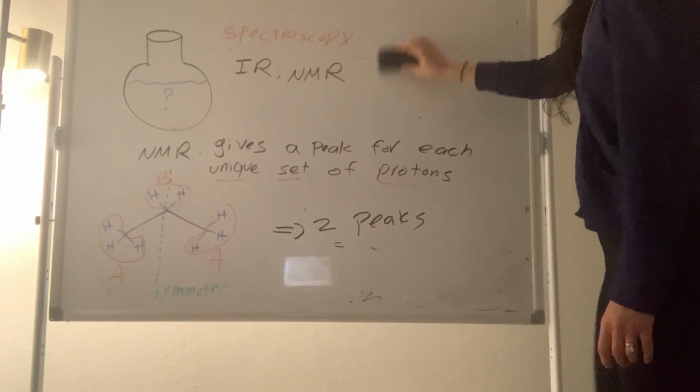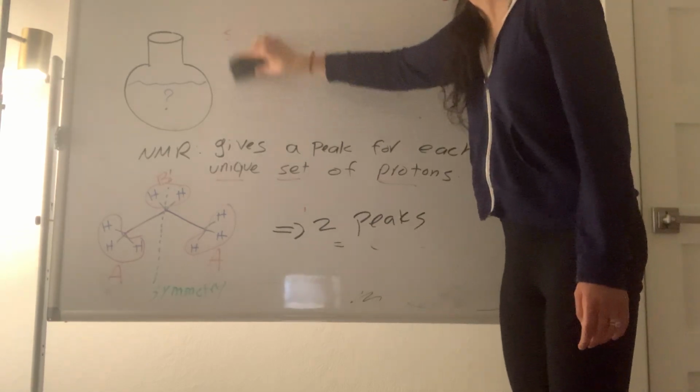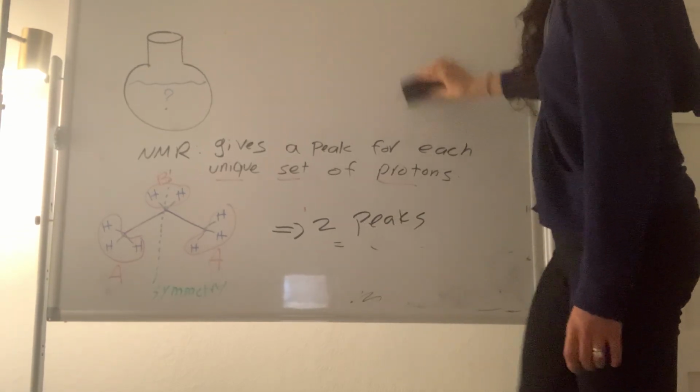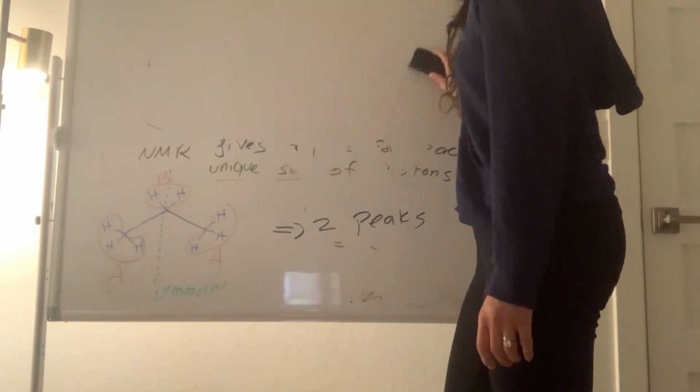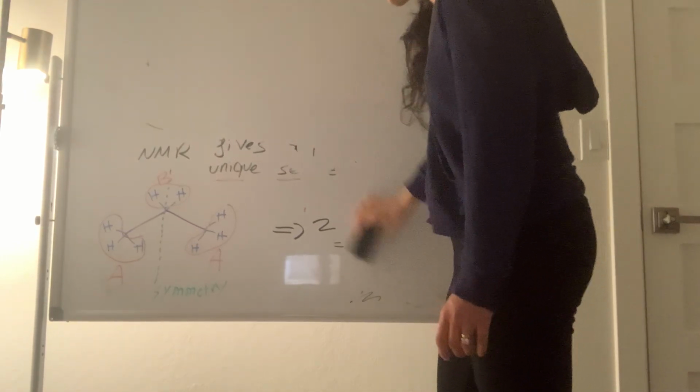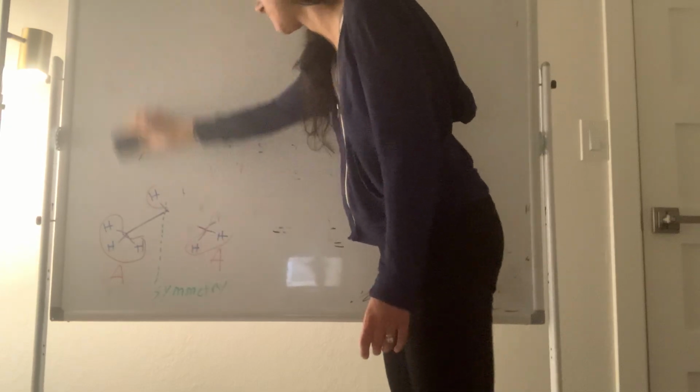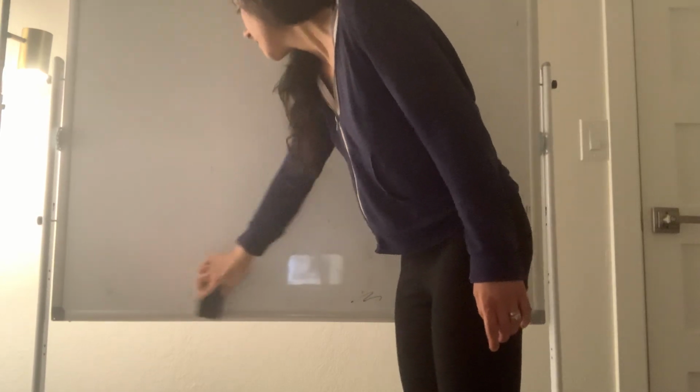On my race day, we're going to do a lot of practice problems to make sure that you're getting this down. So NMR is going to give you a peak for each unique set of protons. And we just did propane, and we decided that propane NMR is going to have 2 peaks.